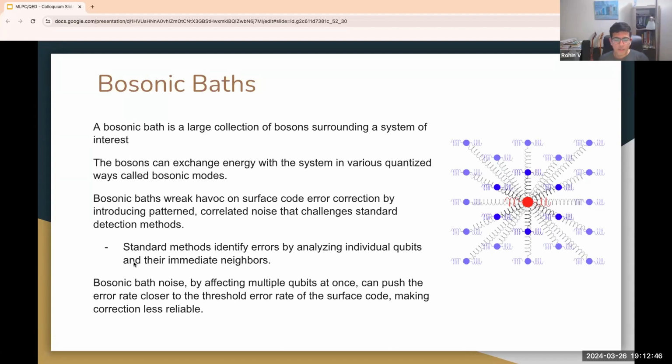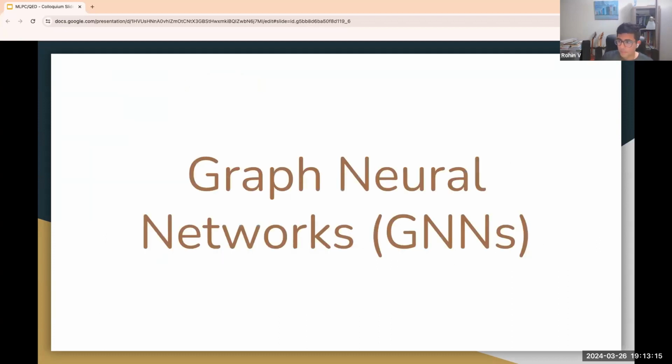So by affecting multiple qubits at once, bosonic baths push the surface codes to their absolute limit, to their threshold error rate, making the correction less reliable and putting all the data that you've encoded at risk of being lost. And now we'll discuss the way we are proposing to decode these errors.